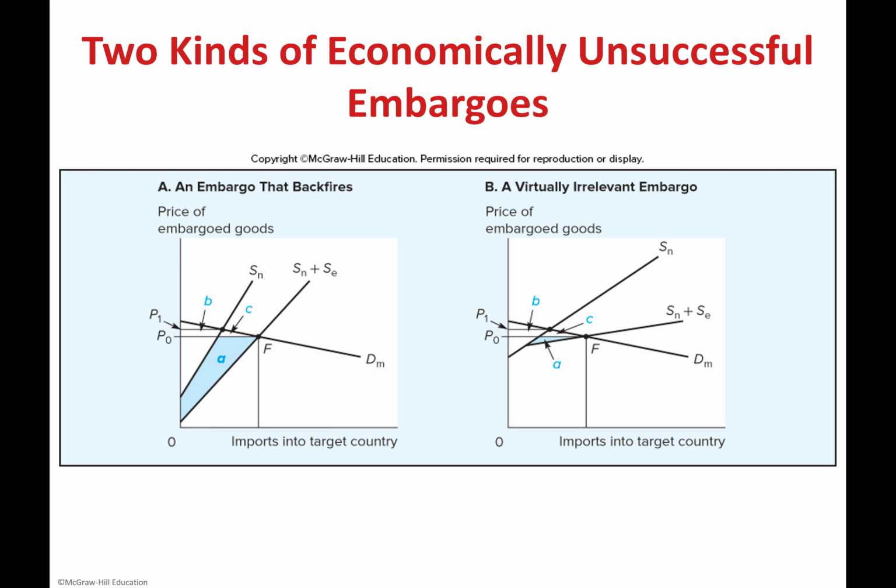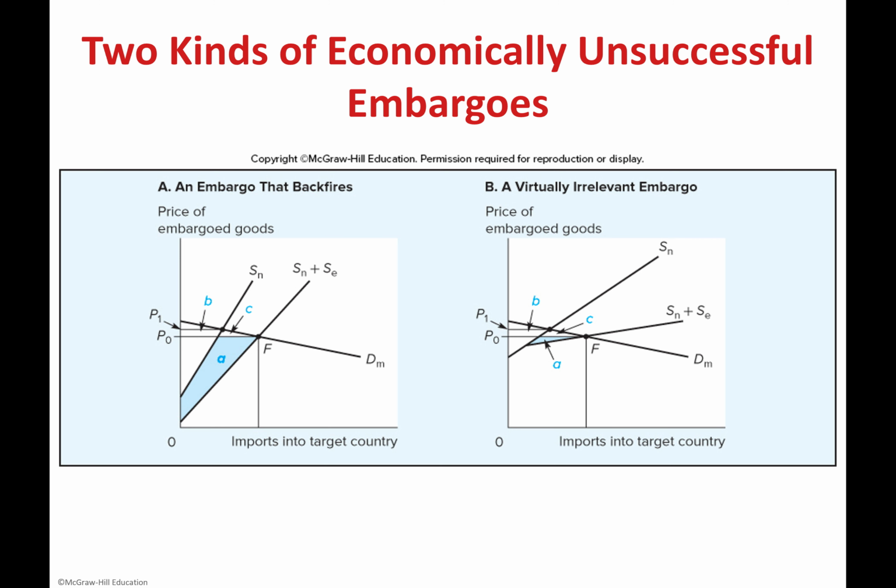So that means that the producers from the embargoing countries really lose out. On the right-hand side, there's a somewhat different example. It's a virtually irrelevant embargo. In other words, in the one on the left, the embargo has backfired because the embargoing country has hurt itself much more than it's hurt the embargoed country. The one on the right shows that all the areas are piffling small.